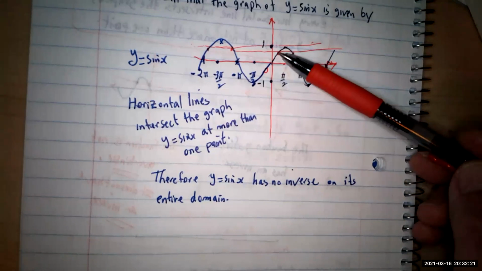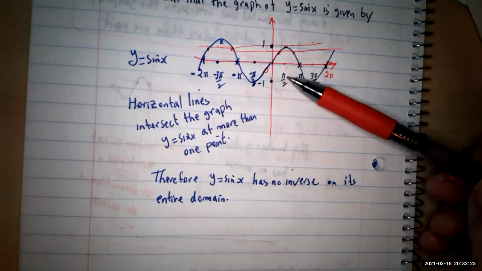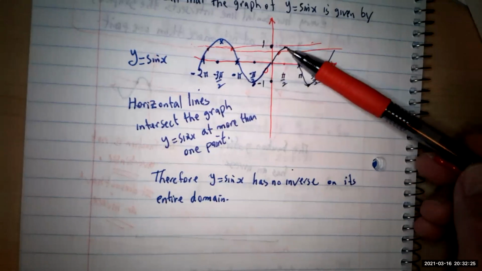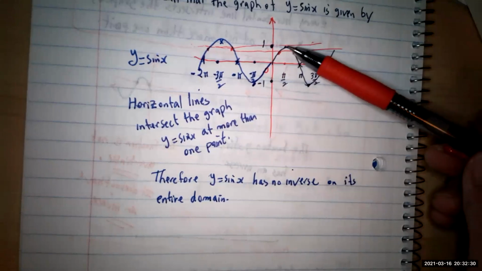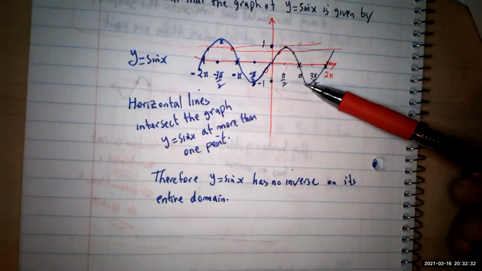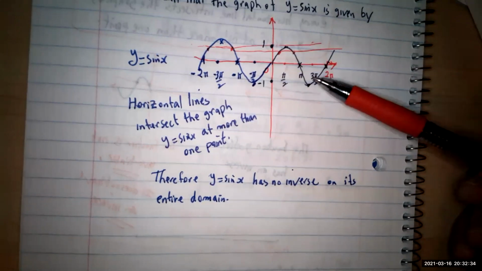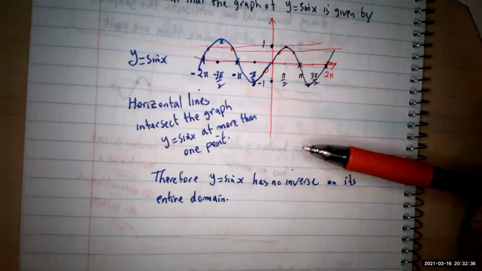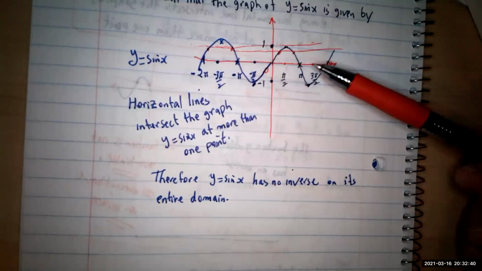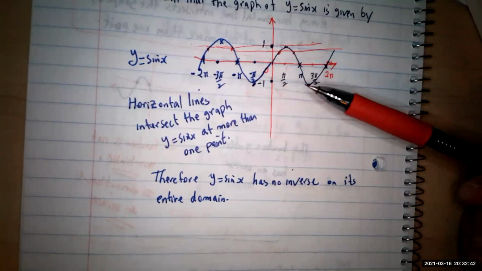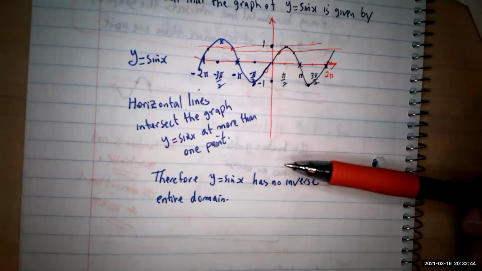So you can pick between negative pi half and pi half, and then it's going to be invertible. You have other choices. You can pick between pi half and 3 pi half, that gives you 1. Or you can pick this one.